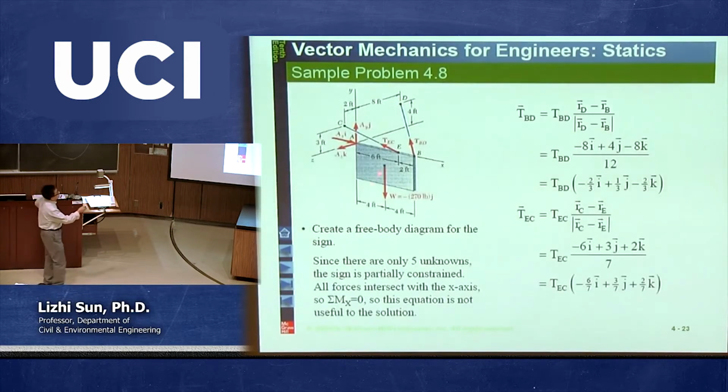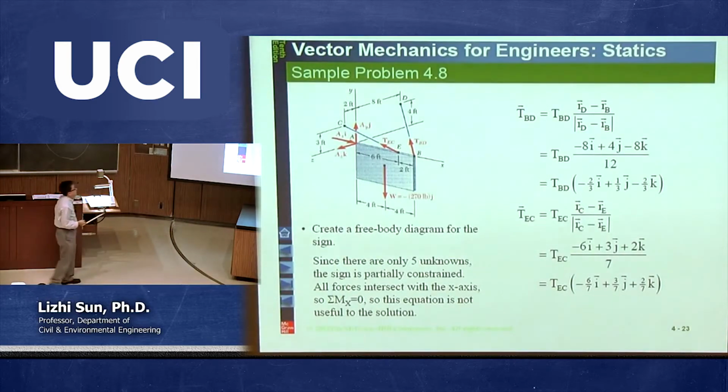First, we need to find the geometric center of this rigid body, the common point of the two diagonal lines, and then you draw this force acting on this point going down. The magnitude is 270, and the direction is negative in the y direction. By the way, we set up the coordinate system: this is x, this is y, and this is z.